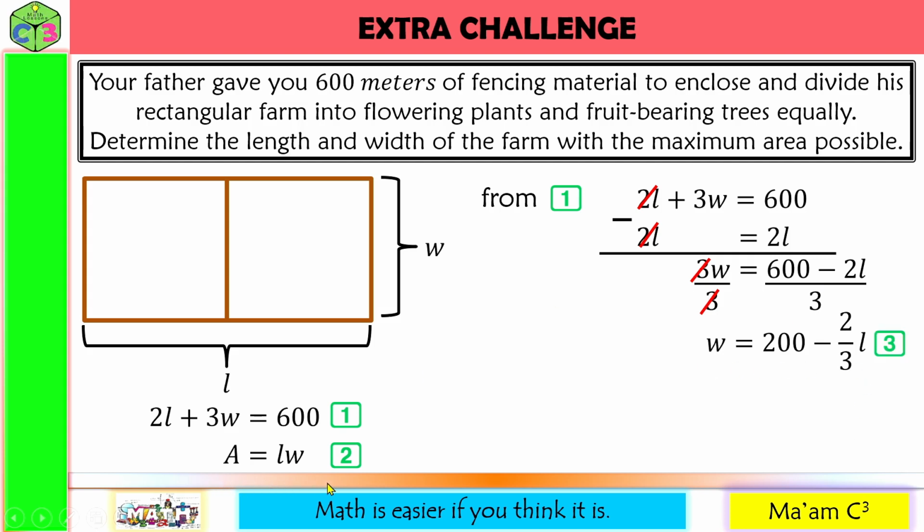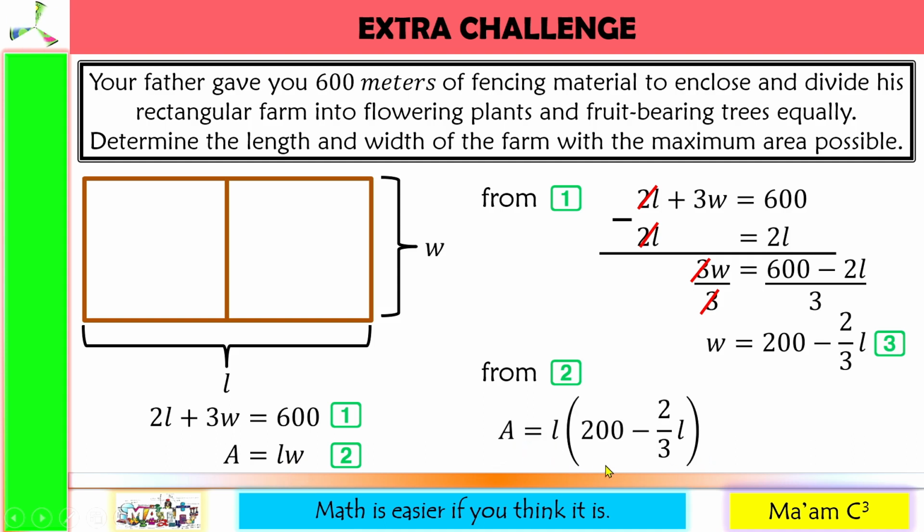From equation 2, area is equal to length times W. I am going to substitute the value of W here in this equation. So it will become area is equal to length times W. This is the value of my W from equation 3.